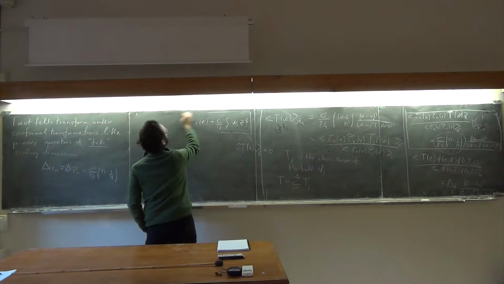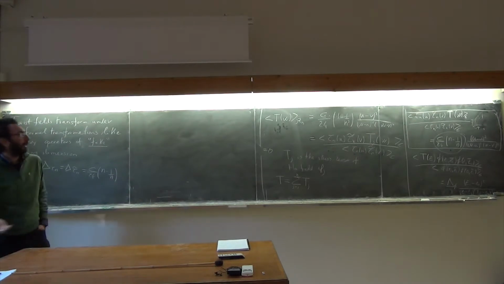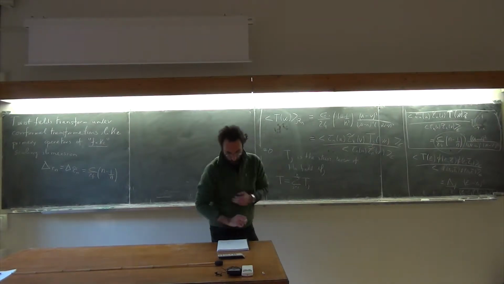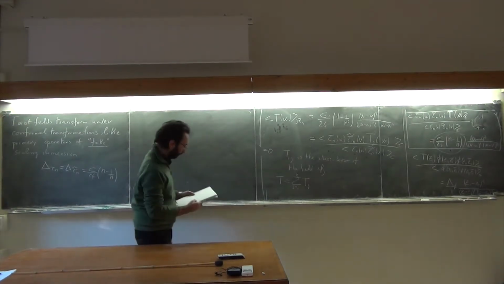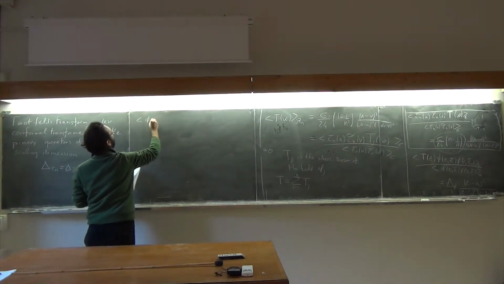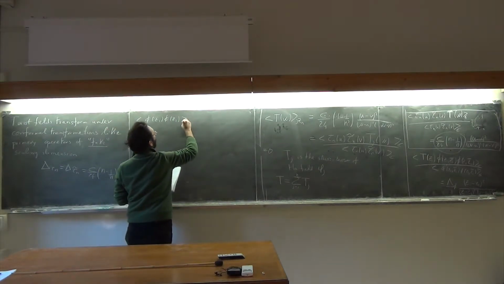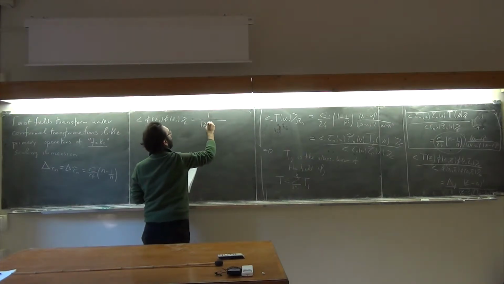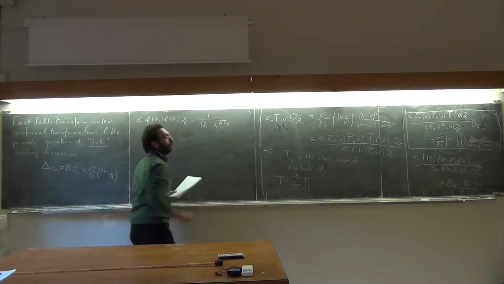But the fact that they transform like a primary field basically ends the calculation. Because we know that a primary field φ at Z1 and at Z2 on the complex plane has a correlation function like Z1 minus Z2 to the power 4 delta phi.